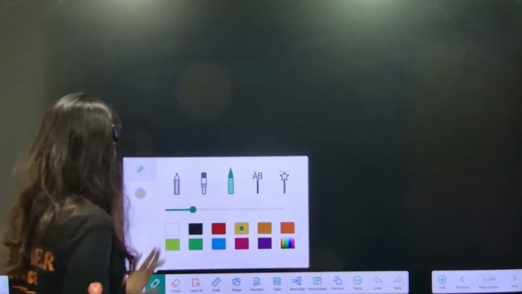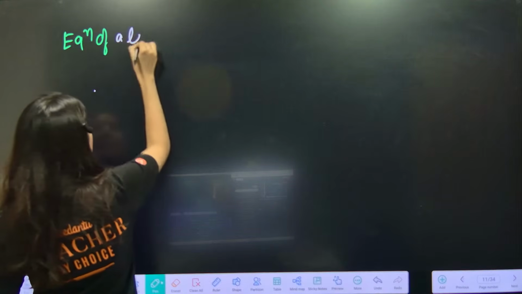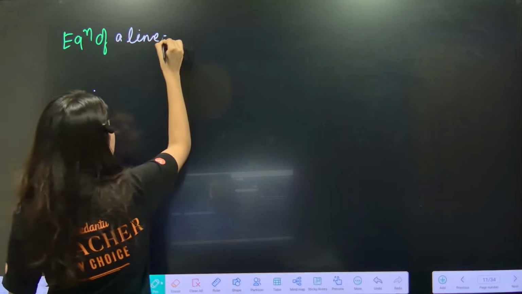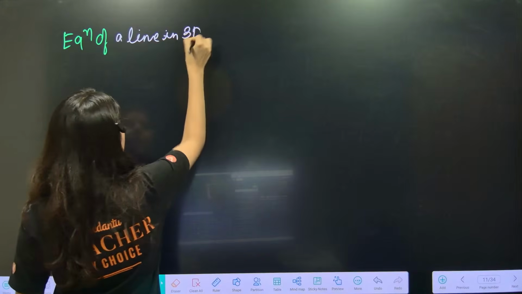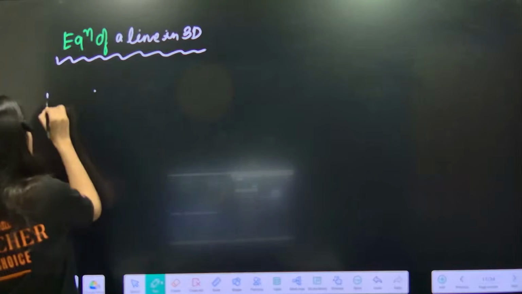Okay, now here comes one very interesting point, which is how to write the equation of a line in 3D, and in vector form as well. First of all, vector form.